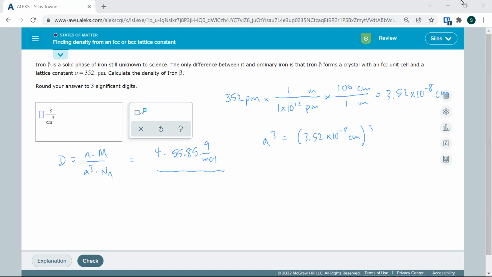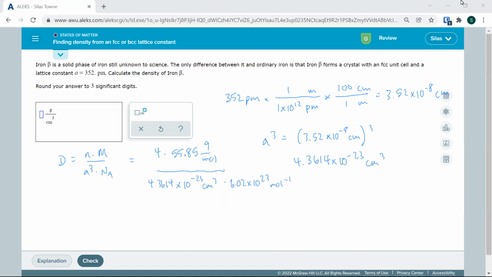And I get 4.3614 times 10 to the negative 23rd centimeters cubed. So we put that in. And then I'm going to multiply it by 6.02 times 10 to the 23rd.